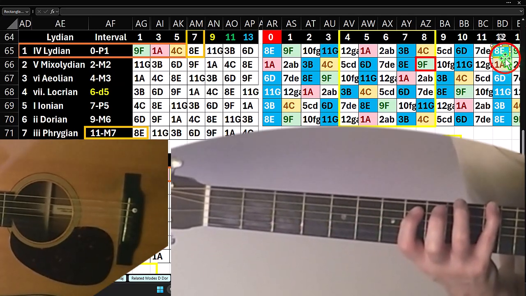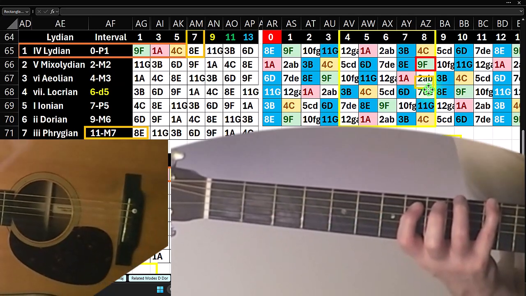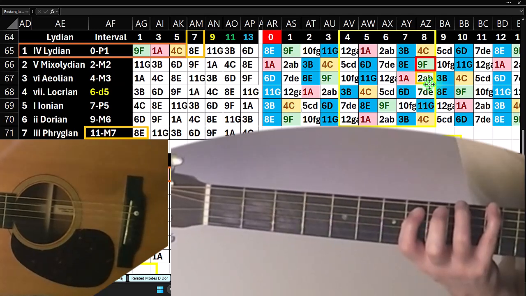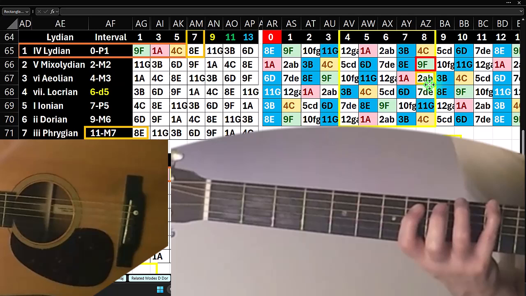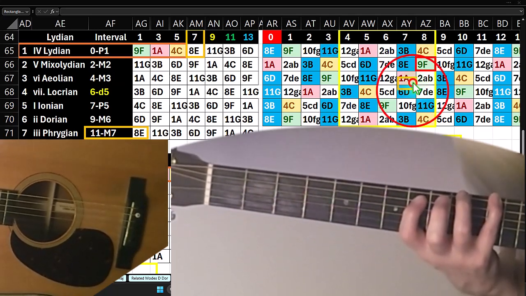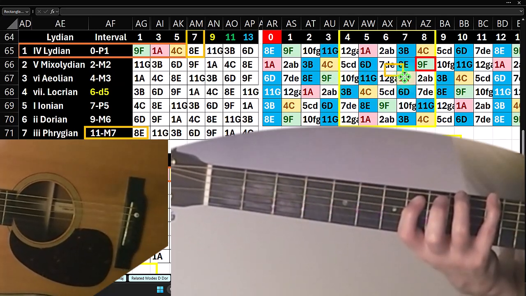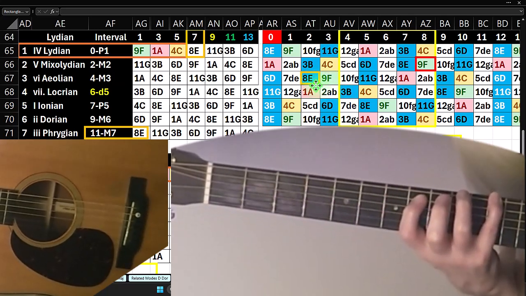So then I'm going to go down 1. If I go down 1, I'm looking for 11 notes away. So it's going to be 5, 4, 3, 2, 1, 0. There's the octave, or 12, and then 11.